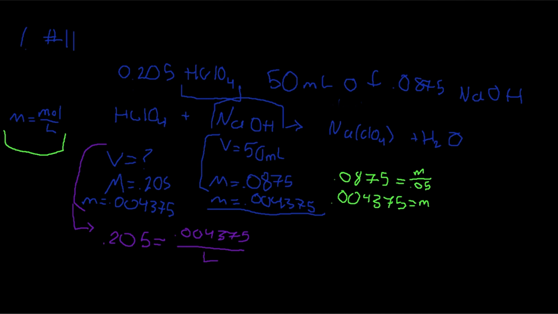And what we can do is multiply this over and then divide that over. So we end up with liters equals 0.04375 divided by 0.205.